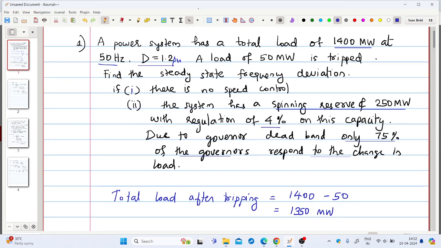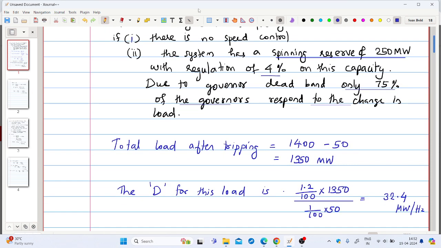go through the solution. So the total load was 1400 megawatt and a load of 50 megawatt is tripped. So the total load after tripping is 1400 minus 50, so it is 1350 megawatt. Then the D value, load damping constant for this particular load, is 1.2% of the load for 1% change in frequency.